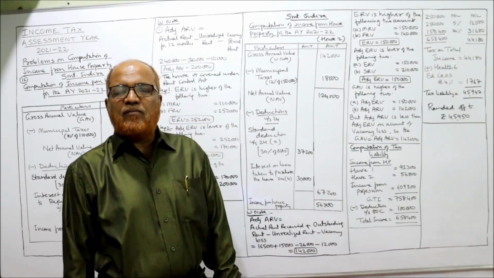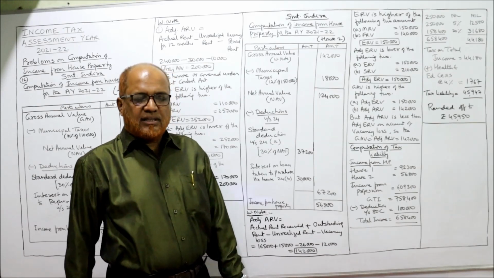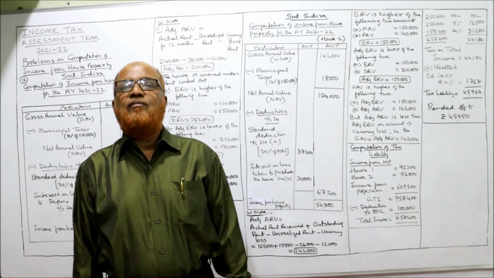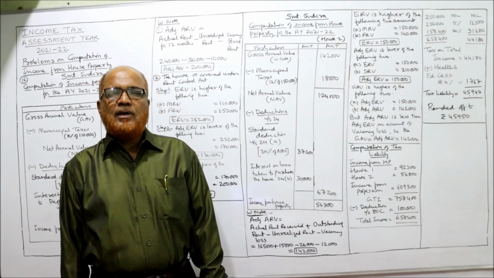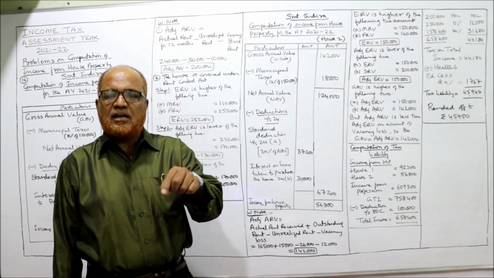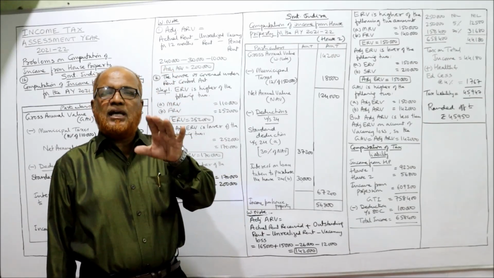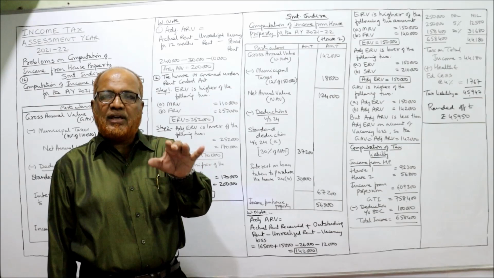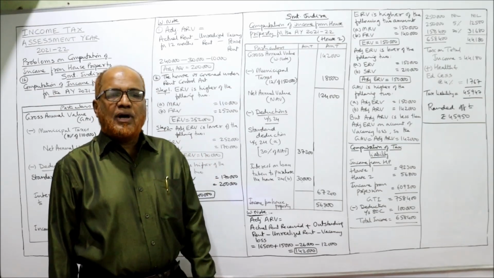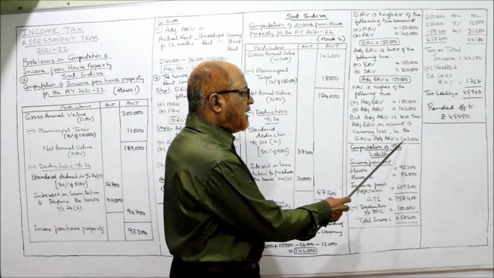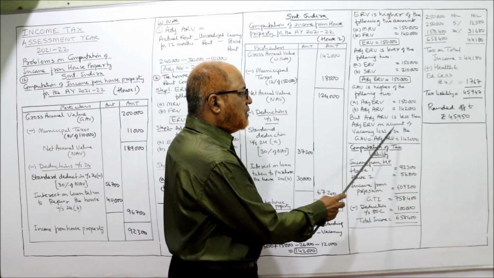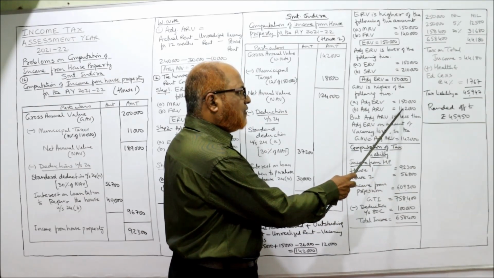But one provision is there, if the ARV is less on account of vacancy loss, then adjusted ARV itself is the GAV. How much is the adjusted ARV? 1,42,000. Adjusted ARV is 1,42,000.